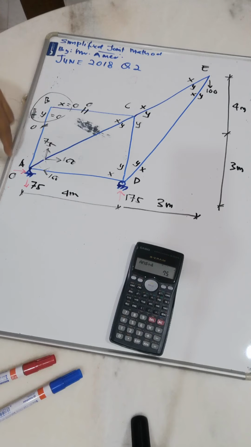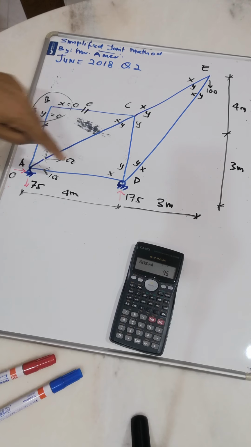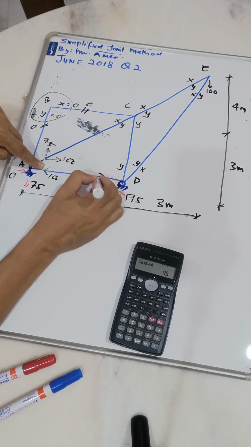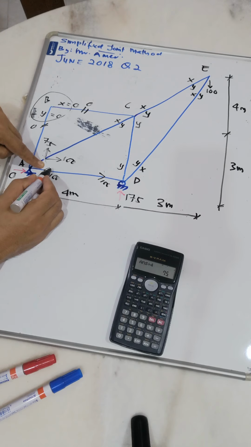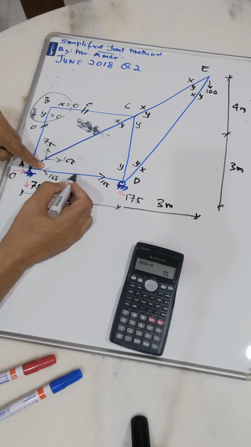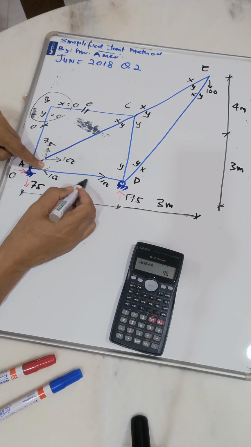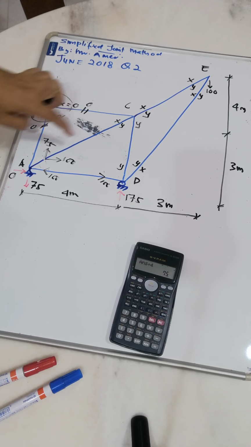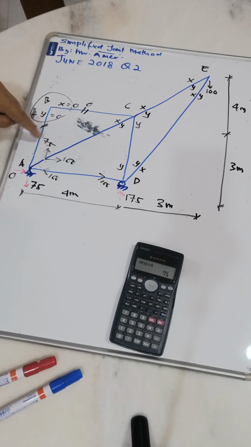Now settle joint A. You have determined all the unknowns here. For AD, 100 kilonewton here, so here also 100 kilonewton. This is to the left, this is to the right. It means summation of force in X equals 0. Similar to joint AC, you have determined the values 75 and 100.